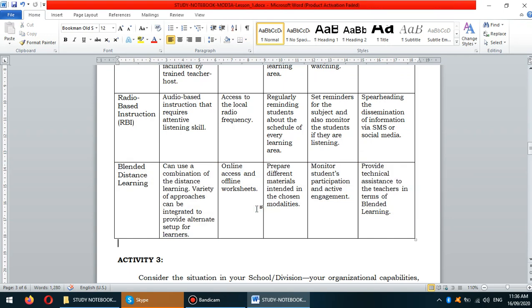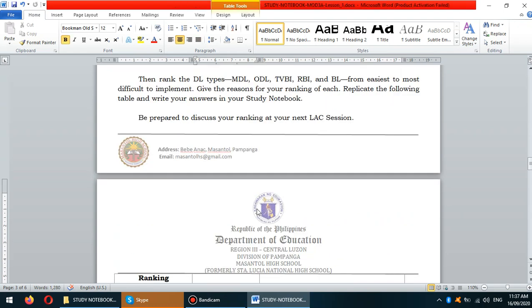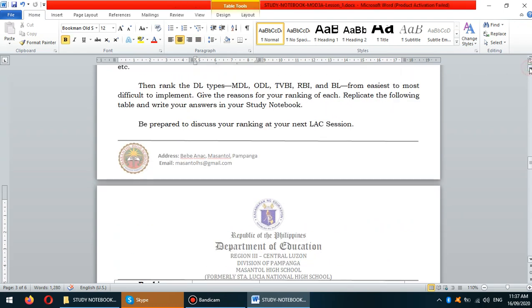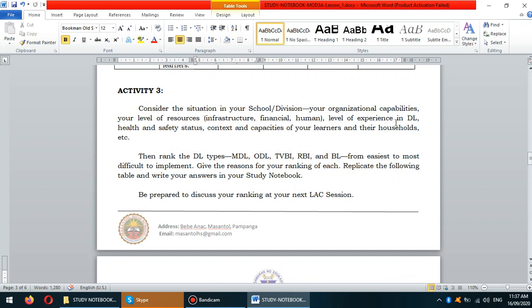Now, for activity 3, consider the situation in your school. Let's check it out. Or division, your organizational capabilities, your level of resources, like the infrastructure, financial, human, level of experience in DL, health and safety status, context and capacities of learners and their households.